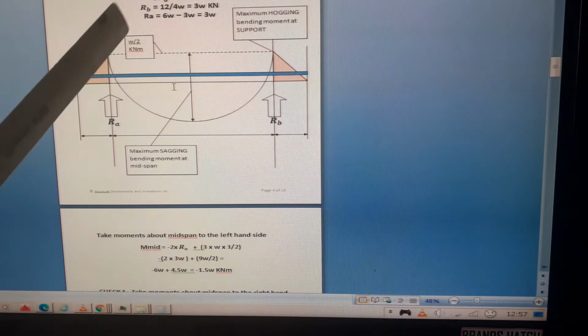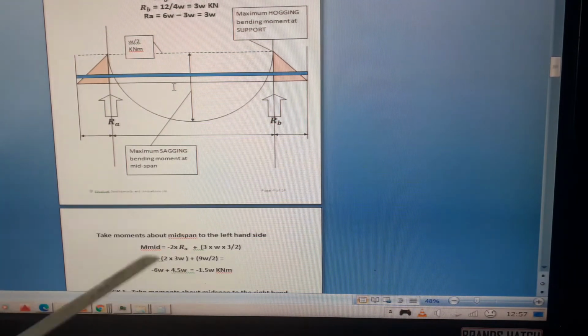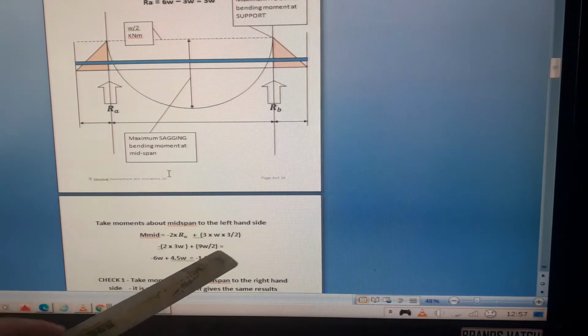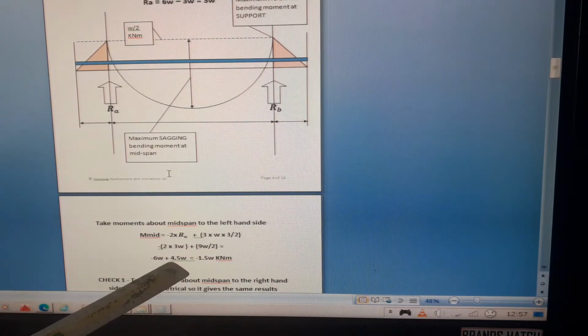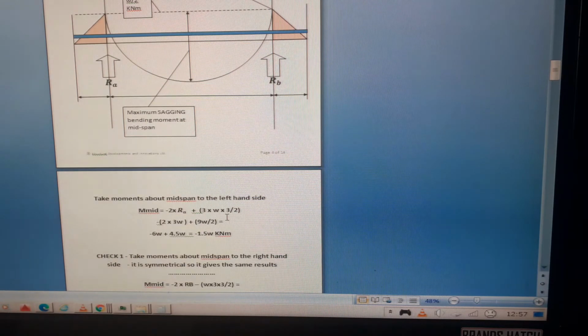So the equivalent point load would be at 1.5. So that gives me minus 2 times 3W plus 3 times 3, which is 9W over 2. That gives me 6W plus 4.5W. That's the moment at the middle, and that's minus 1.5W. So I know that the sagging moment maximum is 1.5W kilonewton meters.